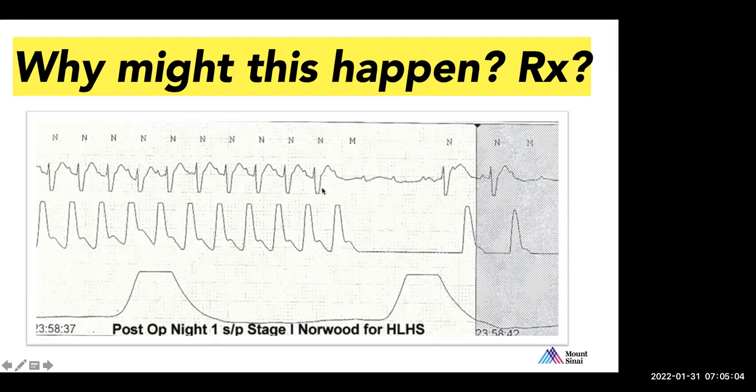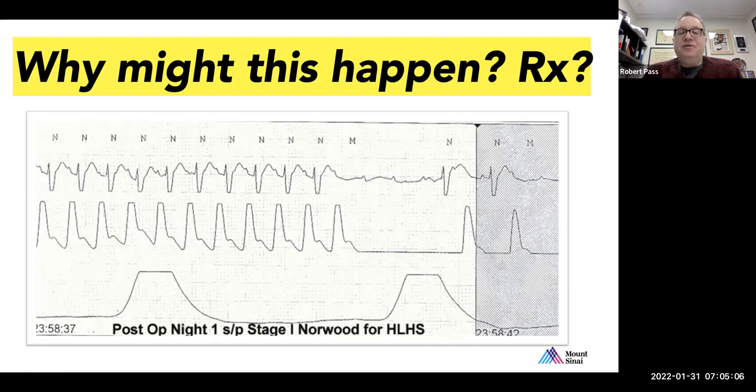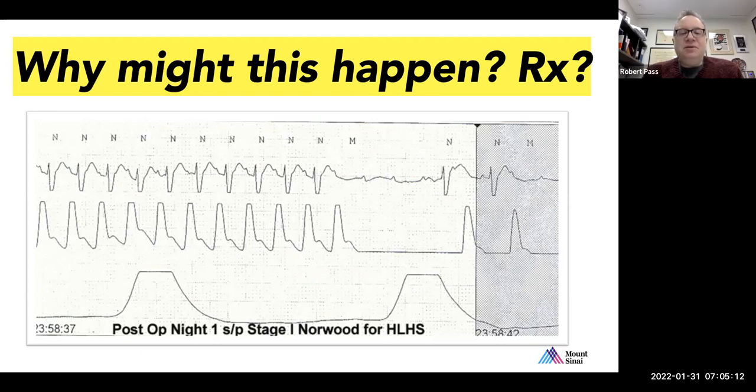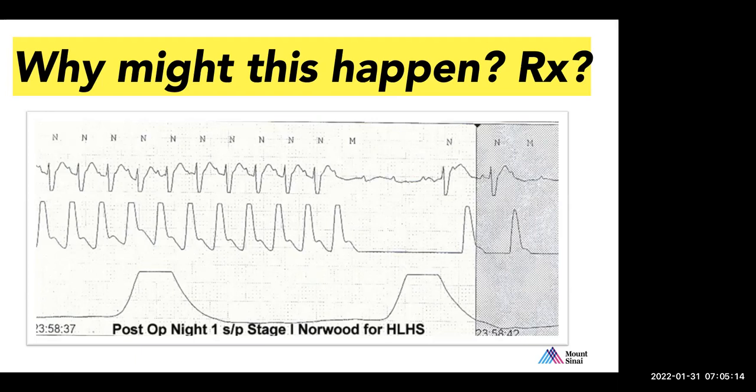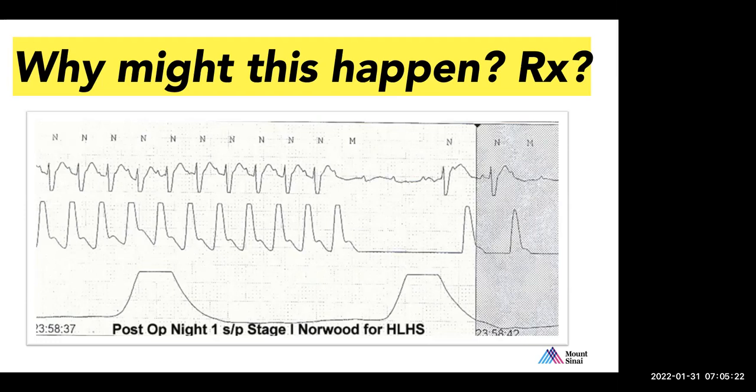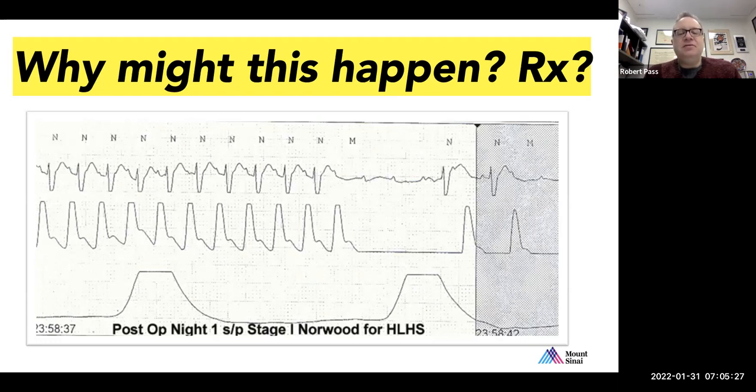So it's not third degree, so it's some form of second degree heart block. Second degree, yes. So is it Mobitz 1 or is it Mobitz 2? I would say Mobitz 2. That's right. So in Mobitz 1, we would see progressive prolongation in the PR interval, and then a drop. So is Mobitz 2 typically thought to be at the level of the AV node or at the level of the His-Purkinje system?